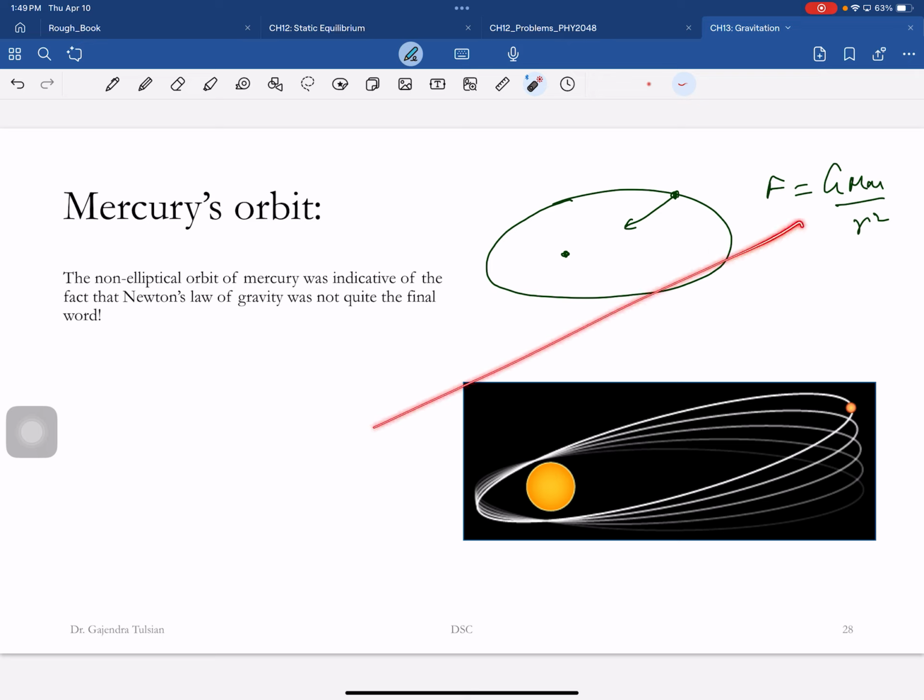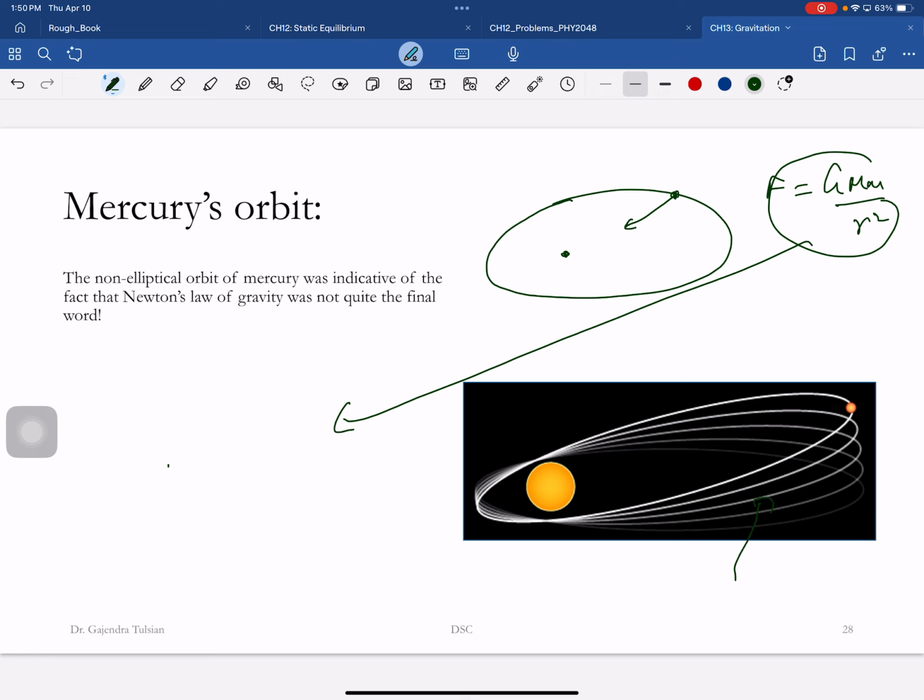And that's what led to, well, when Einstein came up with a better theory, an improvement on this, this is the first thing he calculated. When Mr. Einstein came up with the general theory of relativity in 1916, one of the first things he calculated was the deviation of Mercury's orbit from an elliptical orbit.